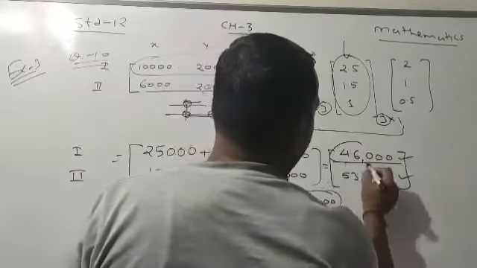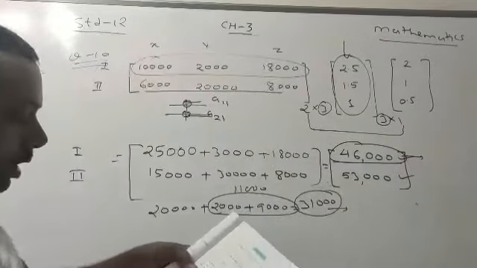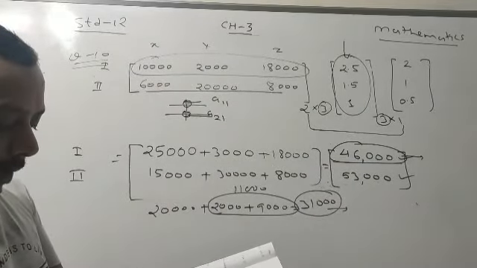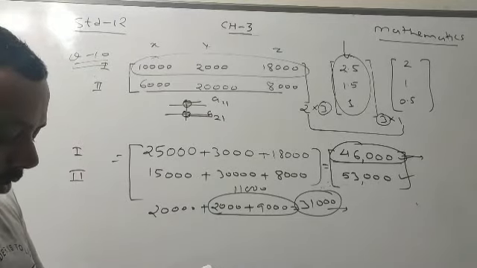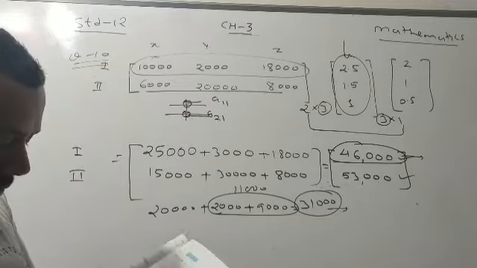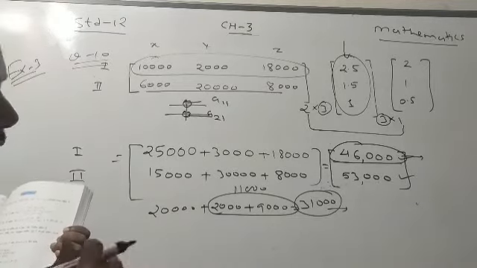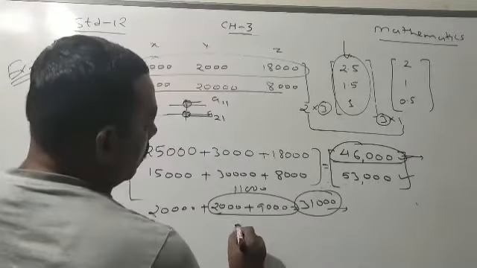And here the first answer is 46,000. Now in the first question, it is given the selling price. And in the second question, it is given the production cost. Okay. So the difference of selling price and production cost is our profit.